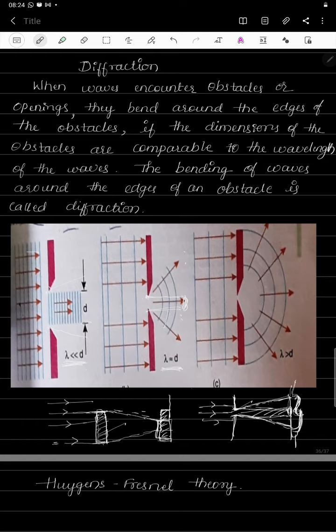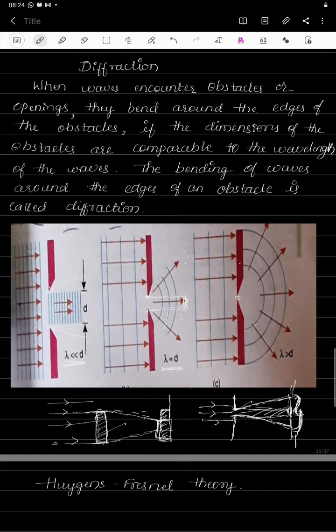In the first case there is no bending, in the second case it bends but only a little bit, but in the third case the bending is very large. They spread over the entire surface behind the opening. So the spreading is more in the third case, if lambda is greater than d.